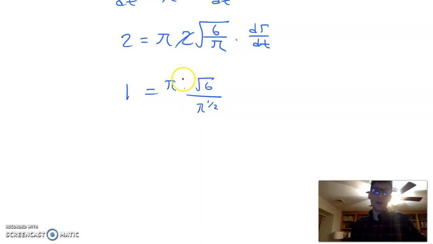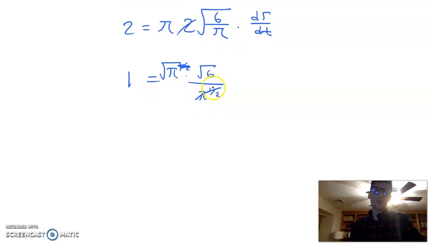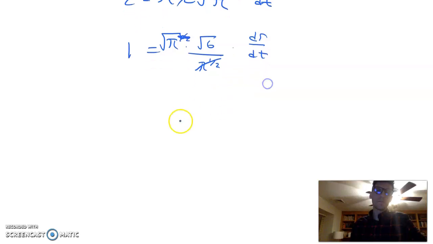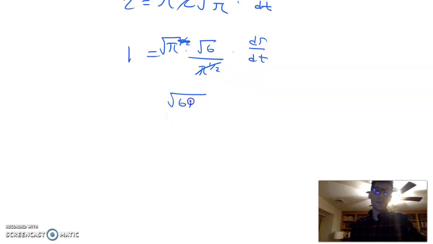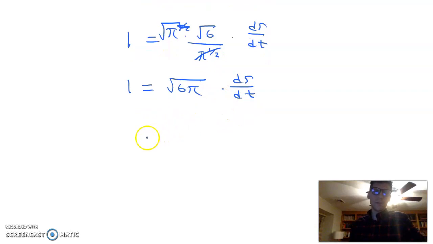Or that would just be pi to the first. I could subtract exponents to cancel that out, so this would be pi to the 1/2, or root pi in the numerator. So, or root 6 pi. I think I ended up doing it this way because it's a little cleaner. So, dr dt would just be equal to 1 over root 6 pi.